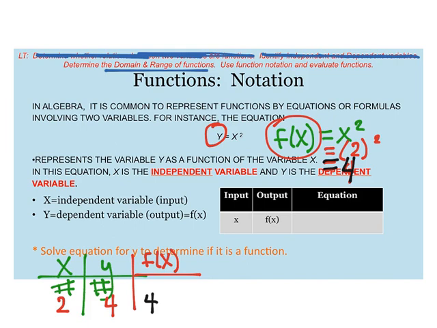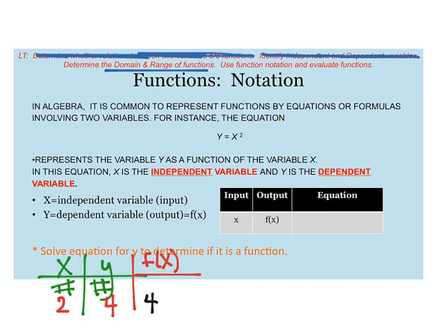The way that we would write this, and we'll get into this a little bit more in a later lesson, but I'm just trying to front load you a little bit here. Okay. If I want to rewrite this equation in function notation, this is what it would be. And then if I wanted to plug in 2 for the value of x, I would write it in the place of x.